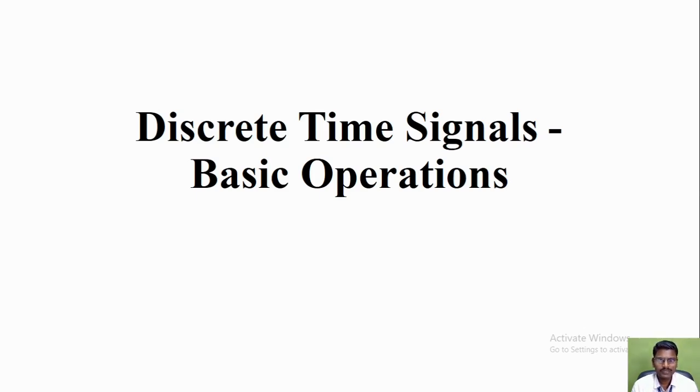With the help of this x of n, we are going to see the properties related to these discrete time signals, like advancement and shifting property, compression property. These are the major and basic properties used on discrete time signals while solving problems.